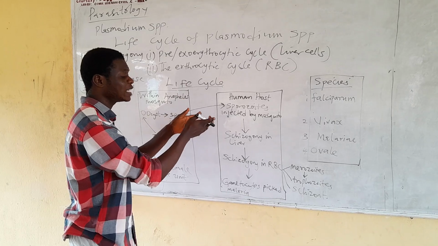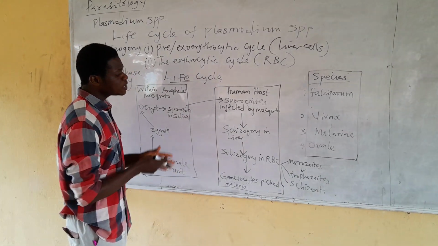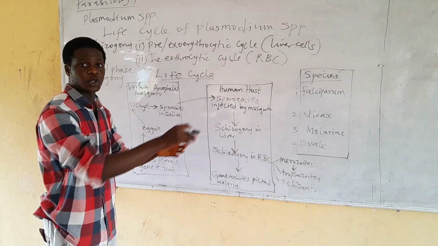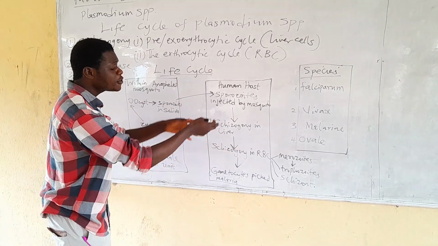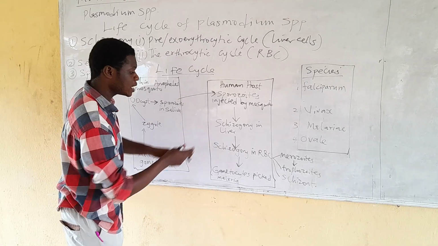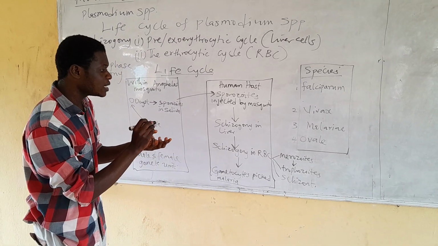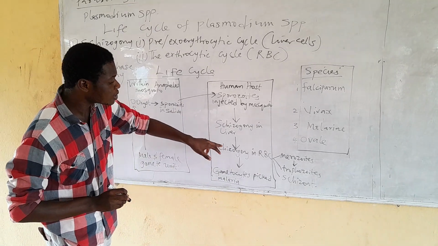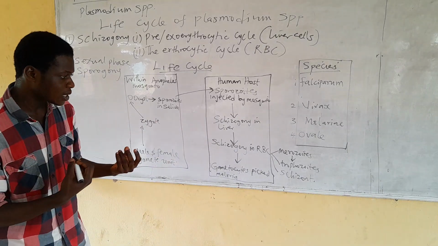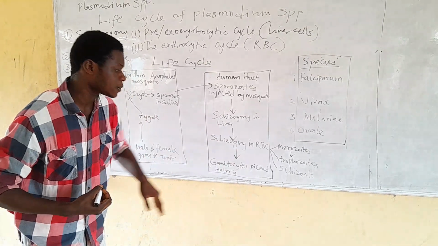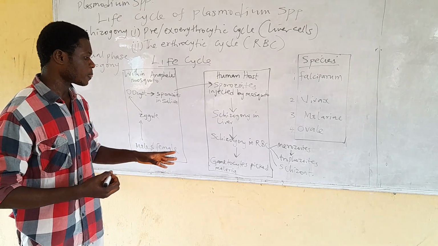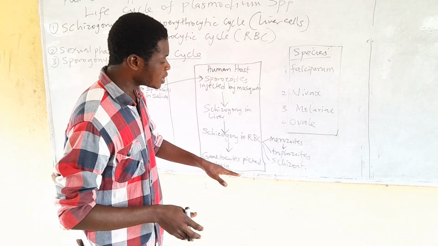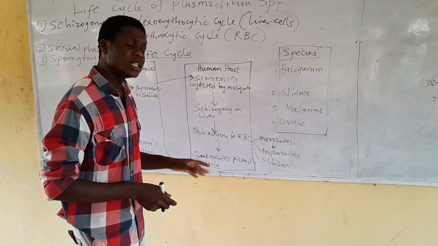It is injected by a mosquito, and when it is injected, it disappears from the area of injection and from the blood circulation and moves to the liver cells. When it enters the liver cells, it turns into schizonts. Then from the liver cells, it moves out and enters the red blood cells. In the red blood cells, it has three stages: the merozoites, the trophozoites, and the schizonts. Let me explain.